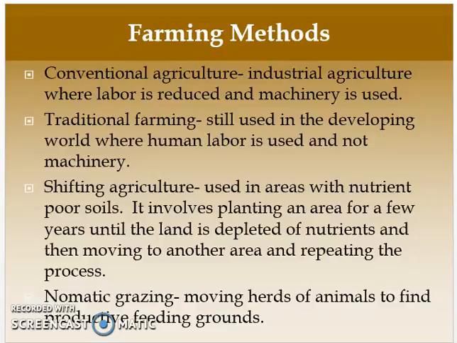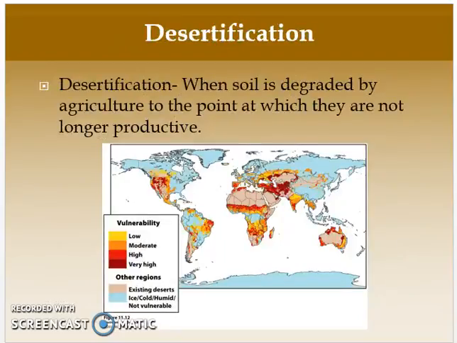So they move them into an area, let them graze it for a while, and then they move on to graze another area, and they just keep moving. They have somewhat of a pattern of their movements, but they keep doing that rather than the animals sitting on one area for a long time.